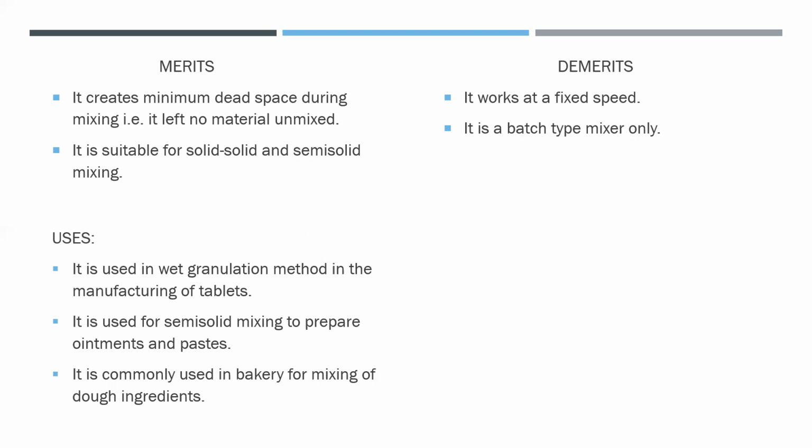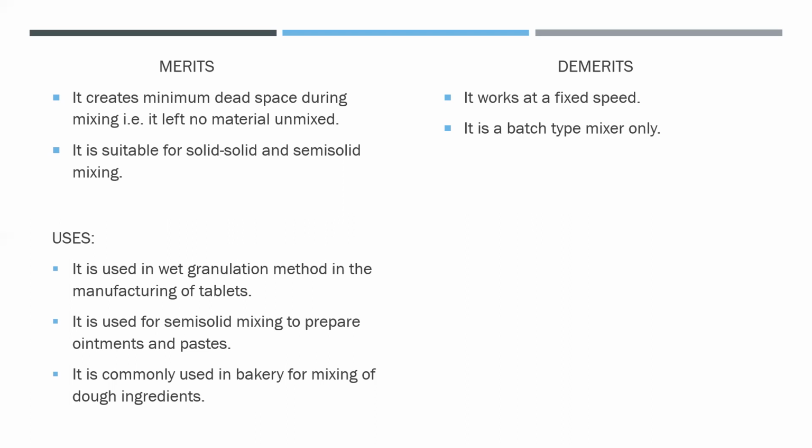And third, it is commonly used in bakeries for the mixing of dough ingredients. So first, wet granulation in the manufacture of tablets. Second, semi-solid mixing to prepare ointment and paste.